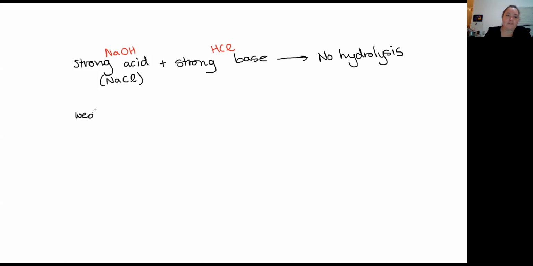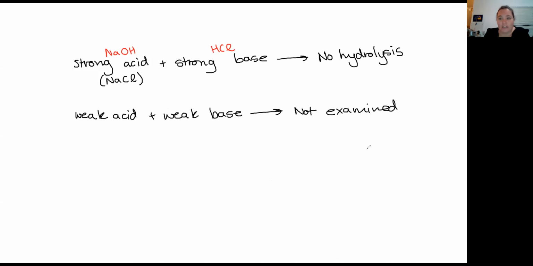If we have a weak acid and a weak base, then we have a really awkward situation where our salt is going to be made from a strong conjugate base and a strong conjugate acid. And the problem is without knowing the Ka and Kb values, you won't be able to tell which is stronger. So although these do exist, they are not examined.